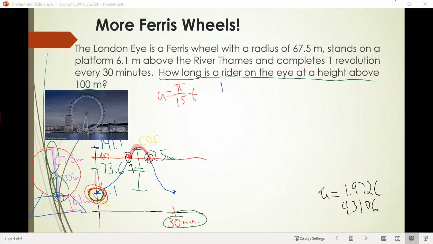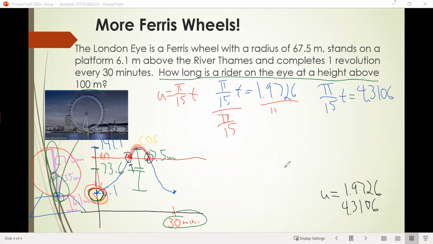So we'd have pi over 15 t equals 1.9726, and pi over 15 t equals 4.3106. Divide by pi over 15 on both of these. Okay.